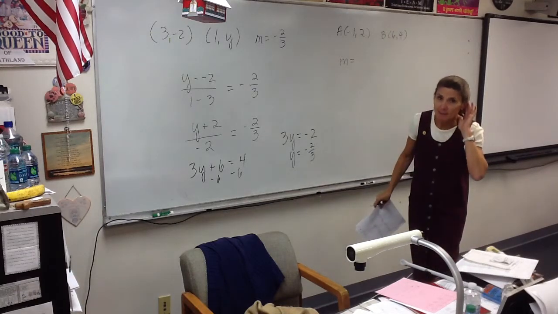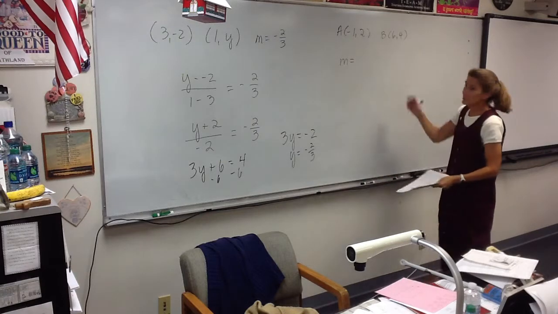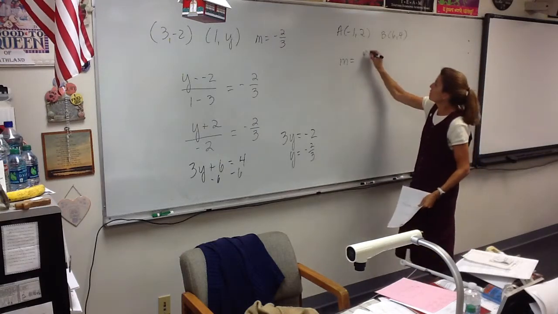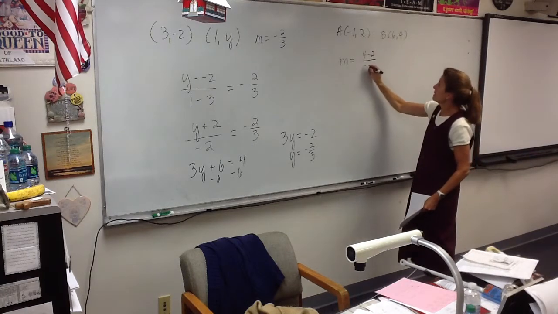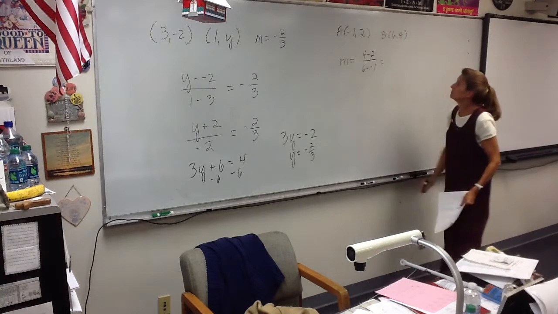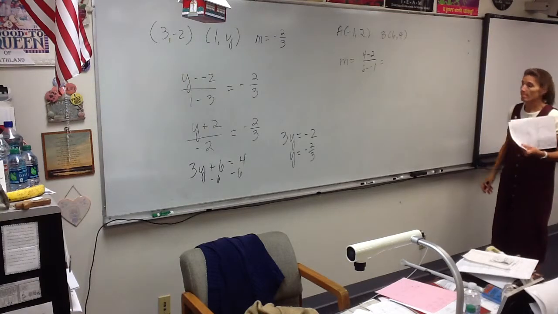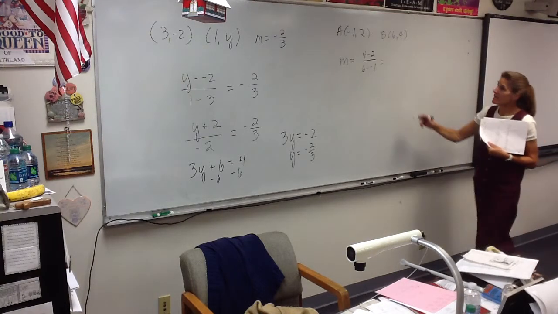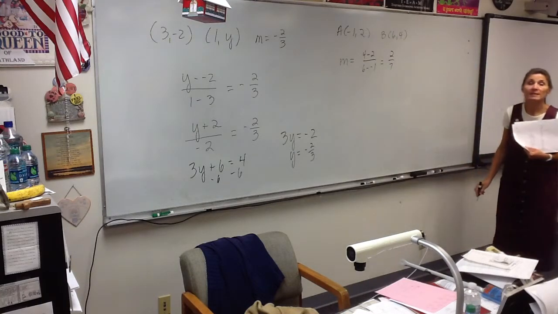What did I just say step 1 is? Always find the slope. So we just practiced. Here we go. 4 minus 2 over 6 minus negative 1. So the answer is 2/7. My slope is 2/7.